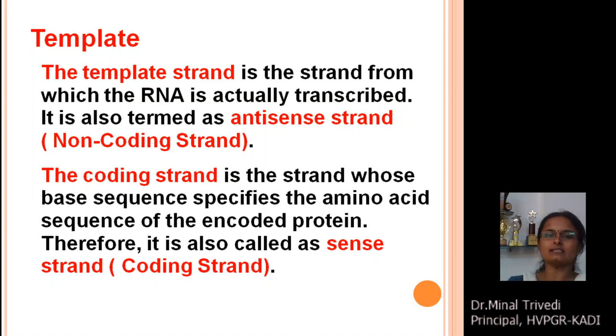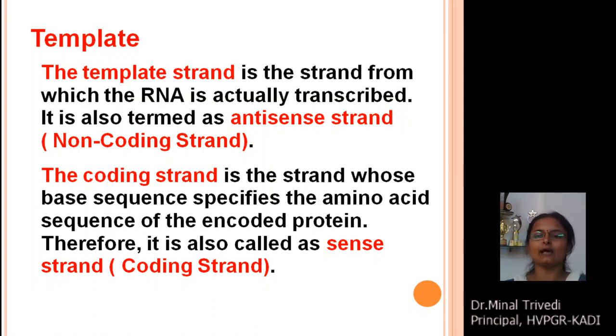Now, this gene is double-stranded. Among both the strands of the DNA molecule, only one strand acts as a template, whereas the opposite strand of the DNA does not act as a template. The template strand, from which the RNA synthesis takes place, is known as the non-coding strand.